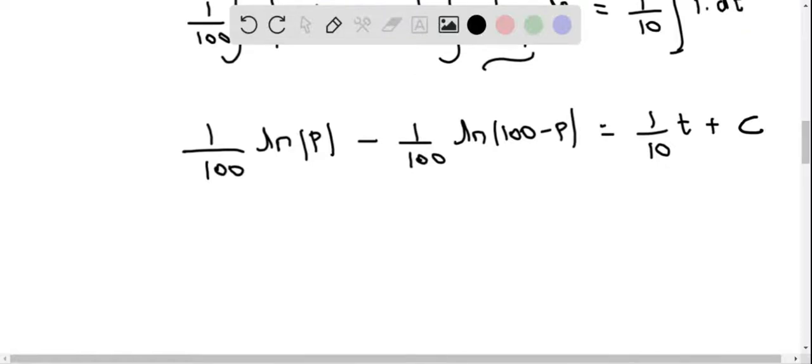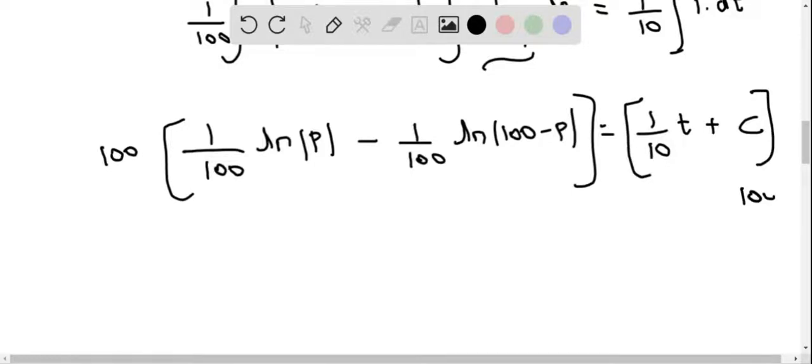Now let's multiply both sides by 100 so that we can remove the fraction. So this side we multiply by 100, and also this side we multiply by 100. Let's distribute this. When we multiply by 100, these two hundreds get cancelled, and so we will have only the natural logarithm of p.